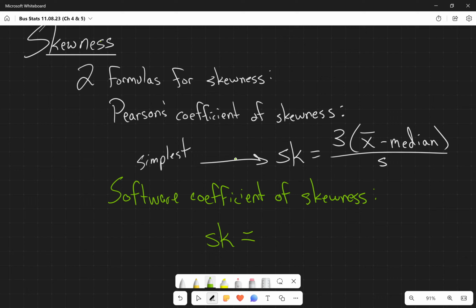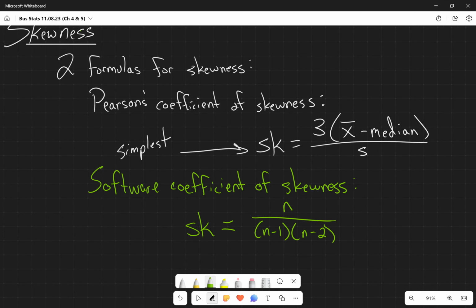It has an n over (n minus 1)(n minus 2) factor that we're scaling with, and then we multiply it by the summation of the differences between each x value and the average, divided by the standard deviation cubed, not squared, cubed. So it's going to be much more elaborate and take many more steps.